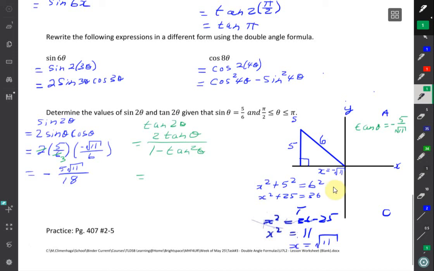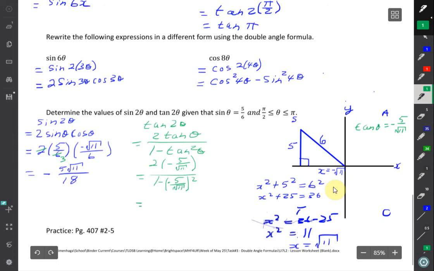This leaves us with 2 times minus 5 over the root of 11 all over 1 minus negative 5 over the root 11, squared.